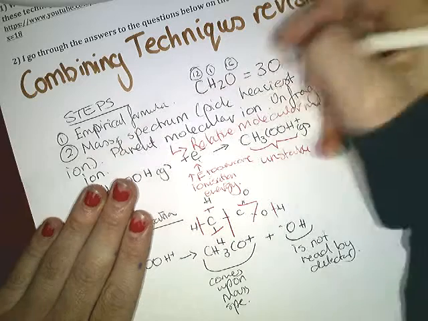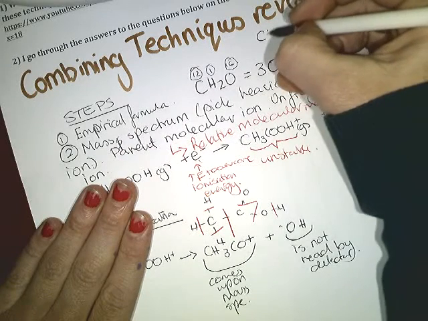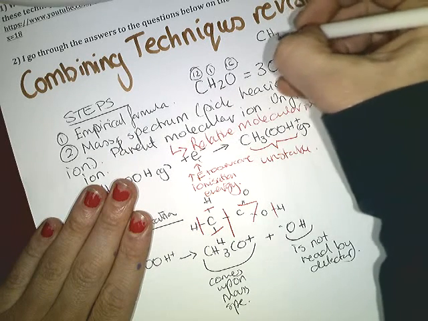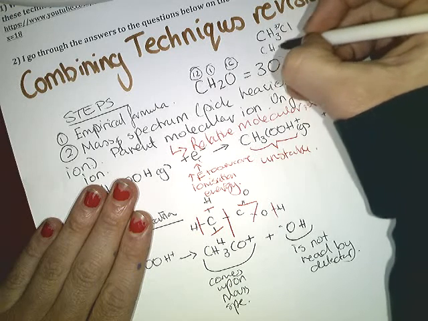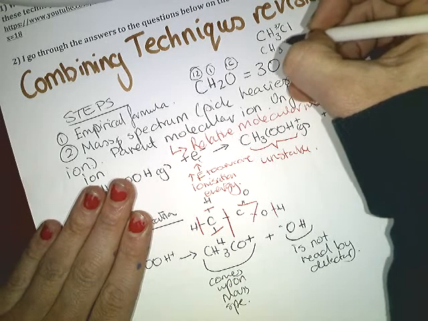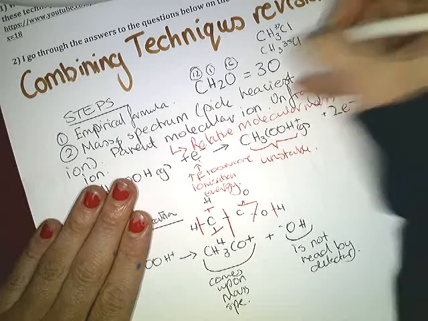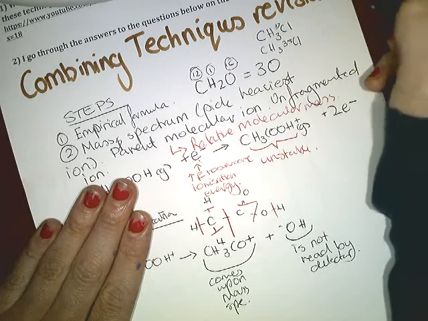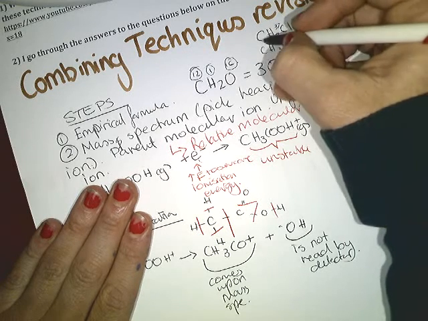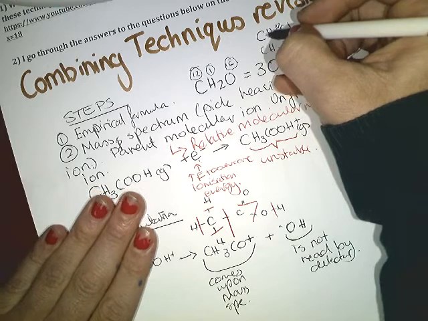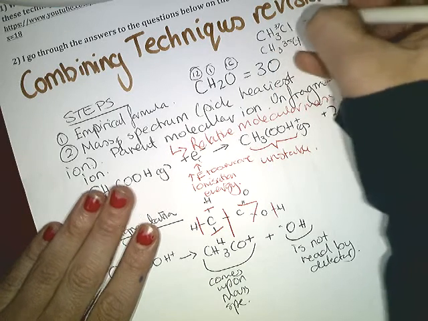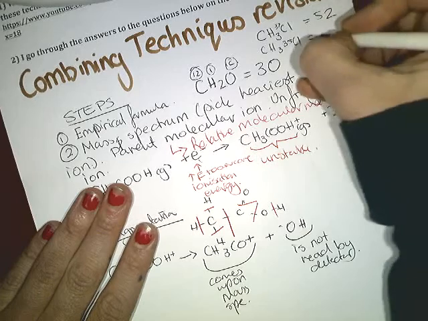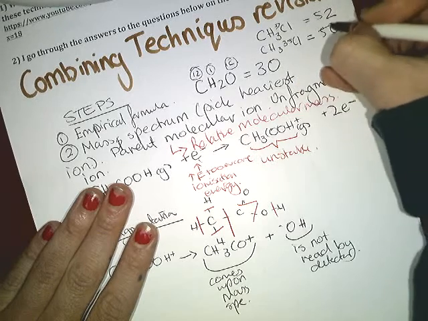But if you have something like CH3Cl, you will either have CH3 Cl37 or 35. Now these will weigh different amounts. 37 plus 12 is 49, 52, and this will weigh 50.